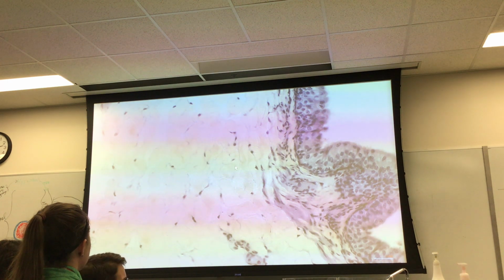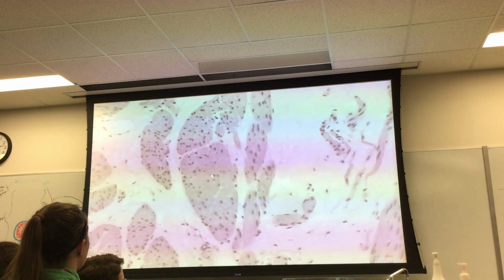Later on, you'll learn the term lamina propria, and then this lesser area is called submucosa. Then we come to a tissue that hopefully you recognize as well. This is smooth muscle in longitudinal section.